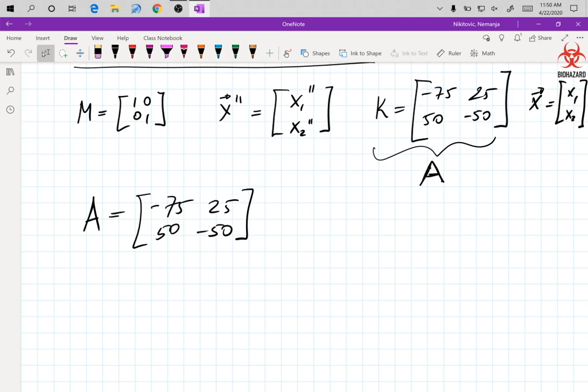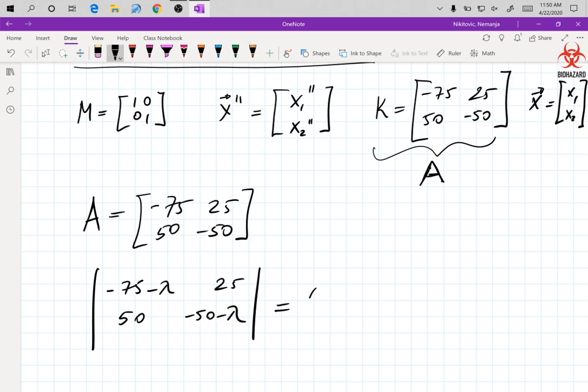So we are going to have our determinant of negative 75 minus lambda, 25, 50, negative 50 minus lambda. Determinant, right? Not the matrix, but the determinant.